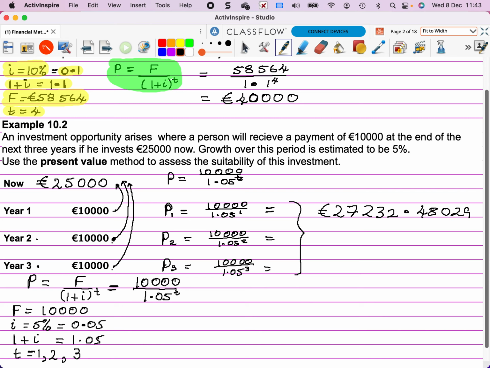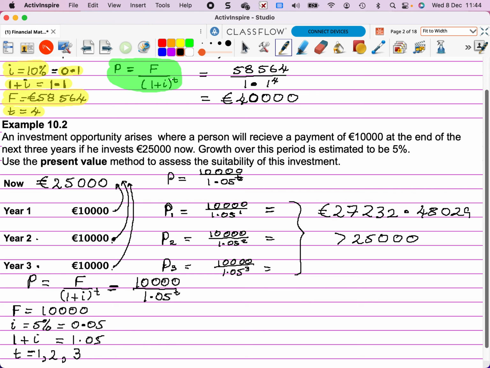And what I quickly see is that if I get these 3 payments of 10,000 and I bring them back to the present day in order to compare them to the 25,000, it's worth more than the 25,000 I had in the present day. And therefore, because it's greater than the 25,000, it is a good investment. It's considered to be, in mathematical terms, a good investment.